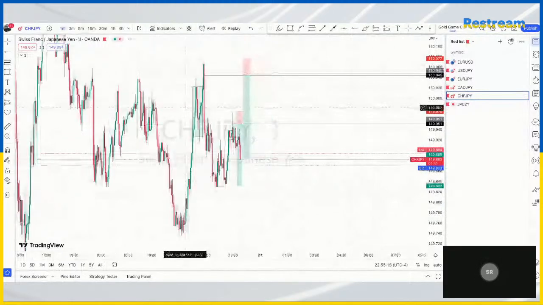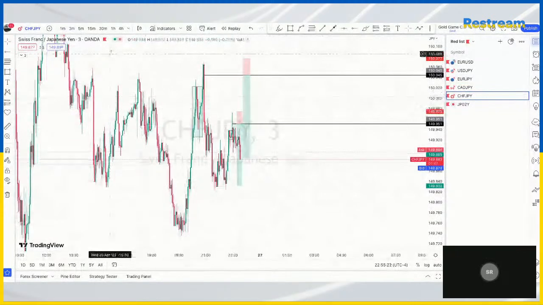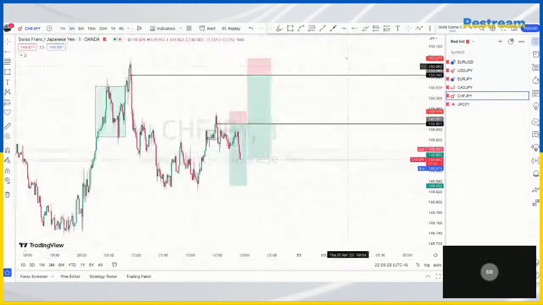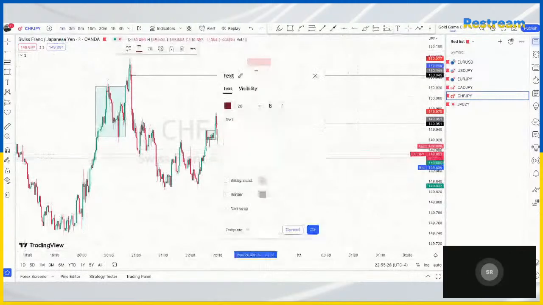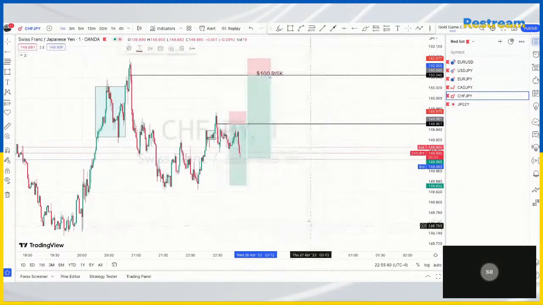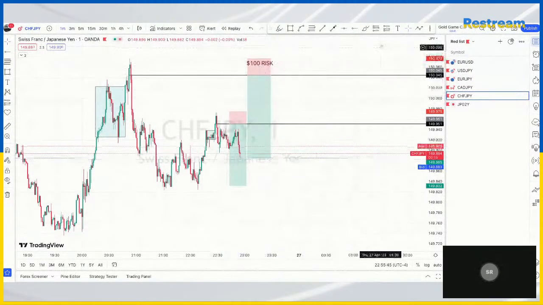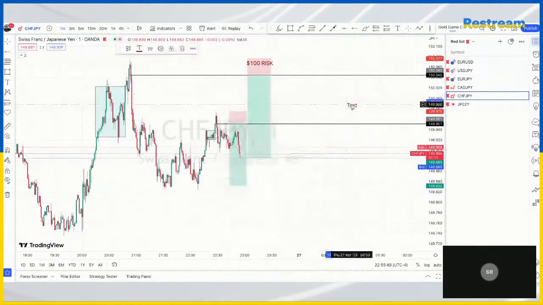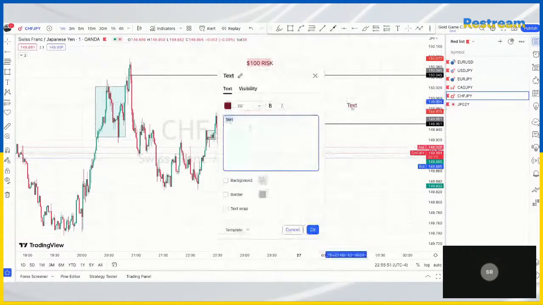So I will mark these all up. $100 risk. Right? There we go. And then $500.